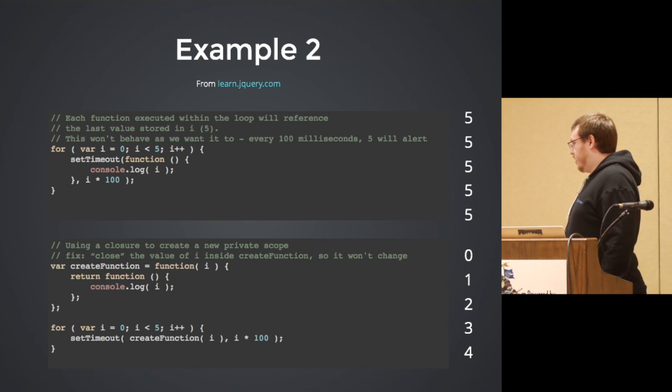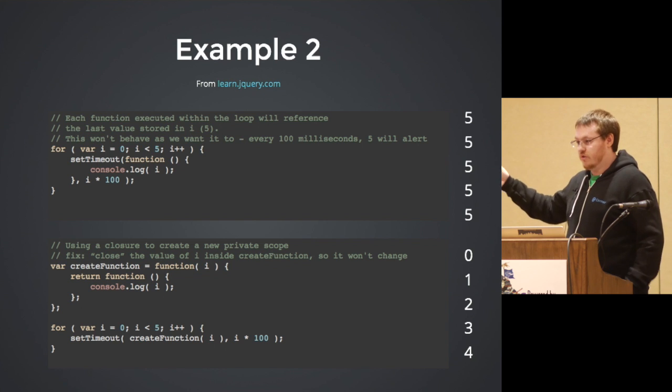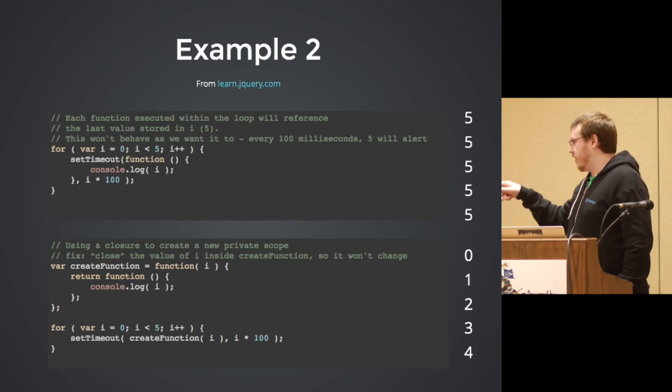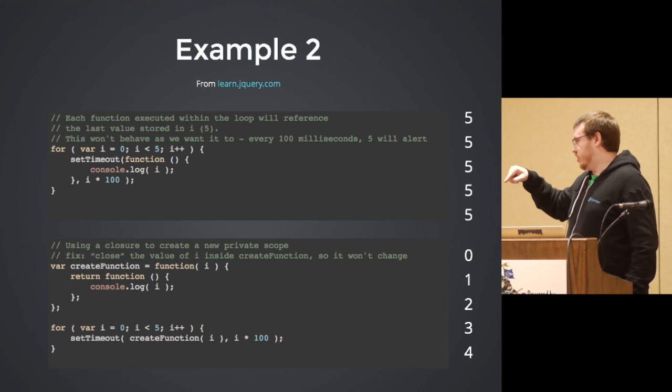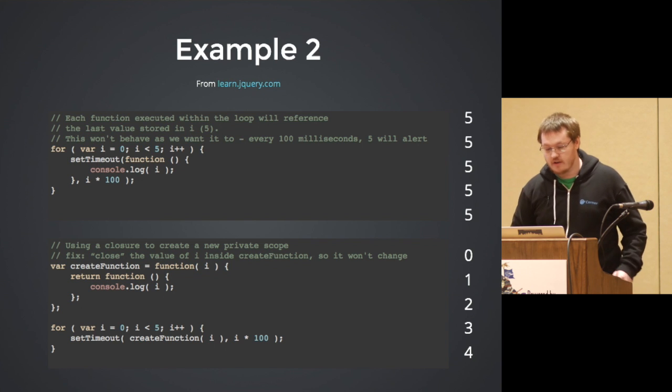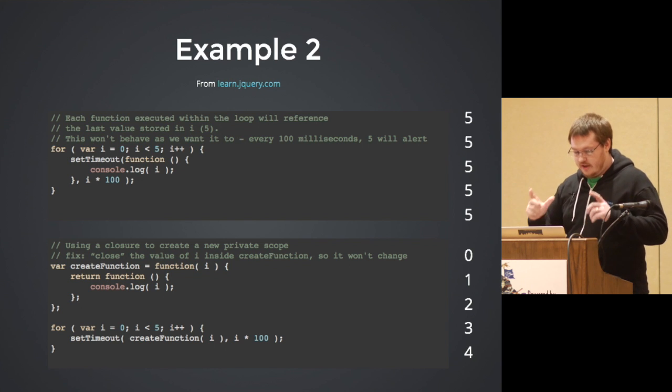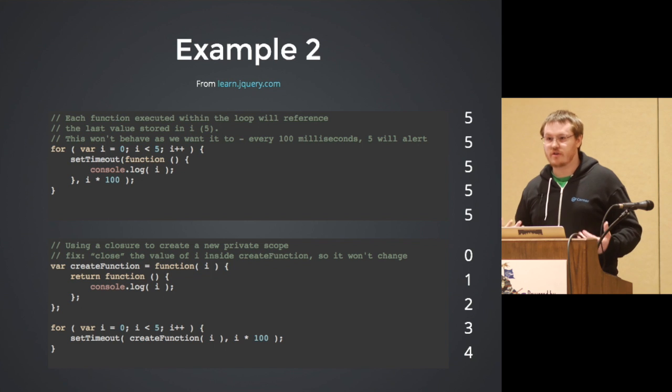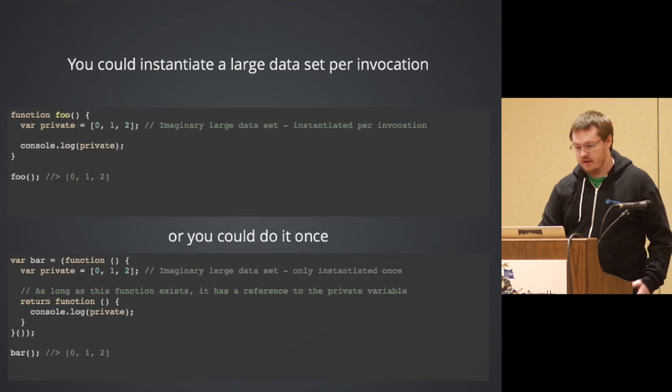The difference being that we have an intermediary function to effectively cache or memoize that value, and then it just returns the function, which is then executed by setTimeout. So that keeps that data associated to what you're doing and creates that nice data association.